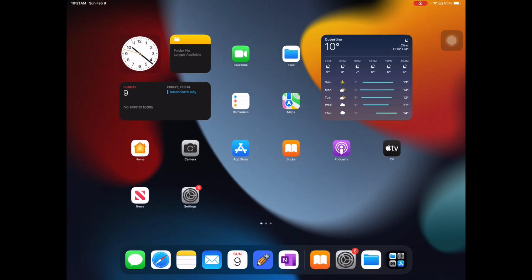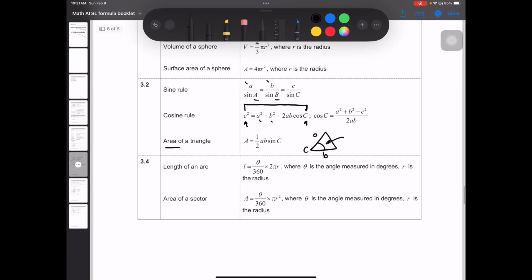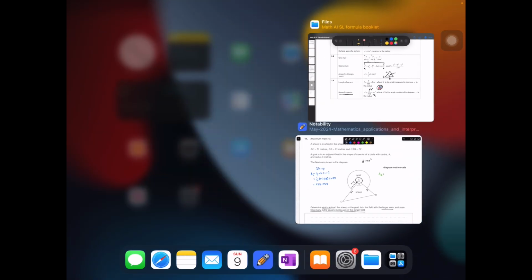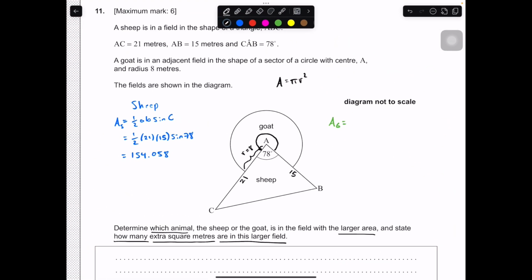But if you want, we can also go to our formula booklet and look at the area of a sector. The sector is a part of a circle. The area is theta divided by 360, so the angle that we have out of a full rotation of 360, times, of course, our pi r squared. So what is the fraction of the whole that we have? Pi r squared is the whole, and we don't have the whole.